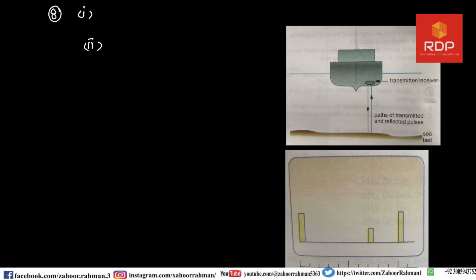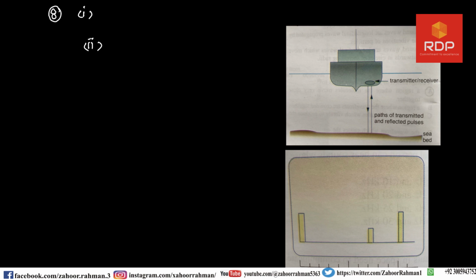For convenience, the outgoing pulses and the echoes are displayed on a suitably synchronized oscilloscope. The oscilloscope display on the screen, see lower diagram, shows two pulses of ultrasonic waves and in between an echo from the seabed.